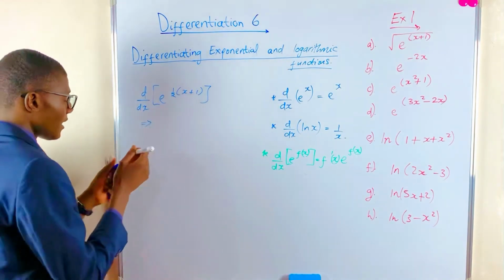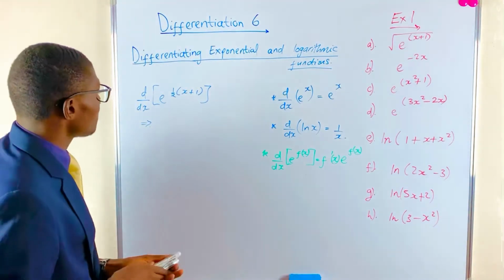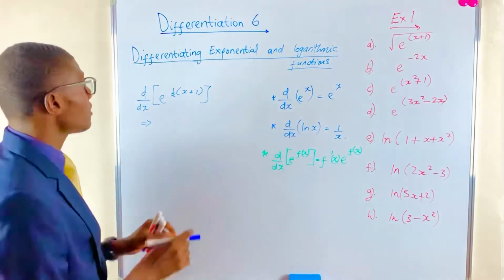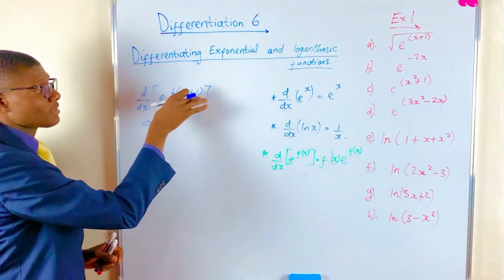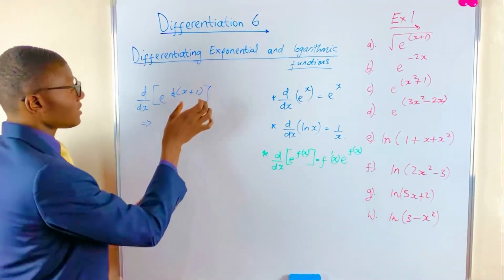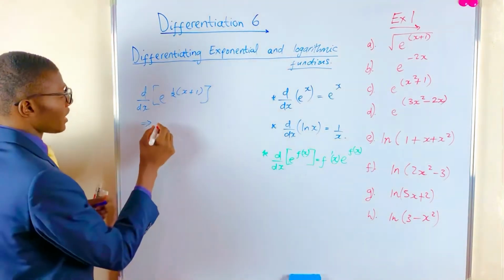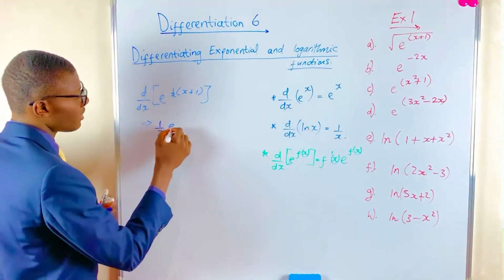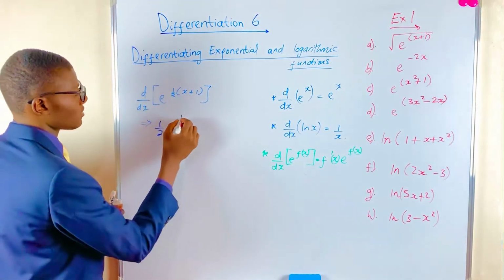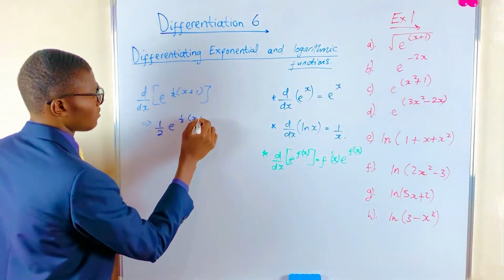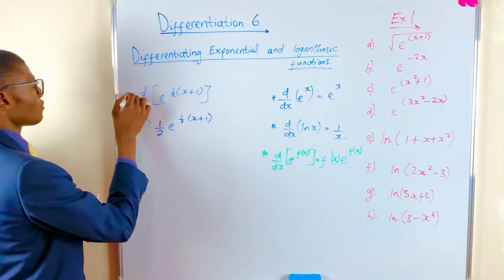And then f prime x, differentiating this: differentiate what's inside the brackets, we get a 1. Multiply by half, we get a half. So that's half e to the power of f of x. So this is for the first one.